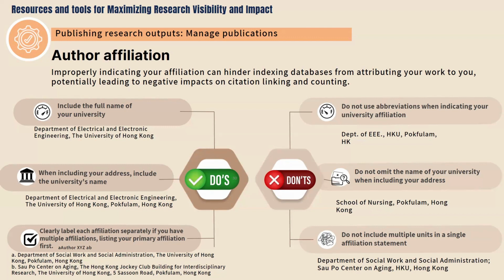Here's a list of best practices: always include the full name of your university. When providing your address, ensure the university's name is included. If you have multiple affiliations, clearly label each one separately, placing your primary affiliation at the forefront.